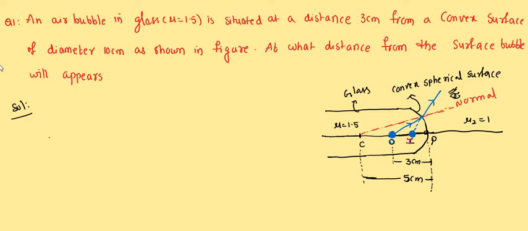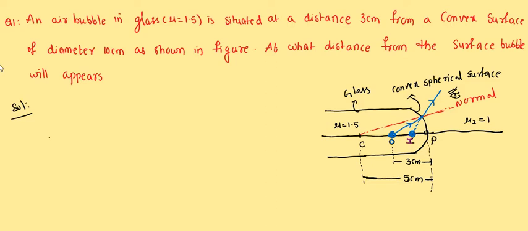At O is an object, this blue colored dot is the bubble, and C is the center of curvature of this spherical surface. From the object O, a light ray starts and it bends away from the normal.